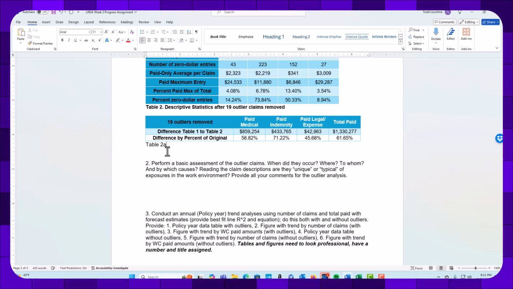Table 2A. Claim paid amounts in... yeah, that's pretty much what it is.